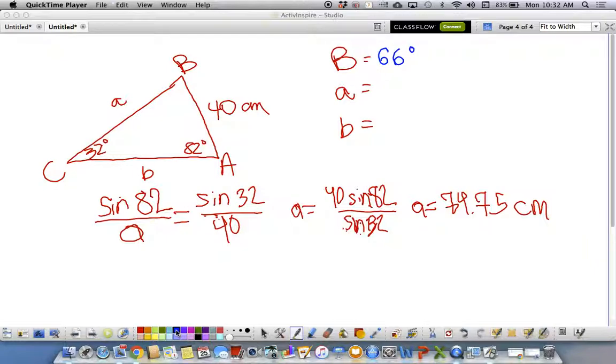So now do the B. How many? I ran mine to 75. What did you get? 43. That's the other problem we did. I meant 32. Over 40, right?